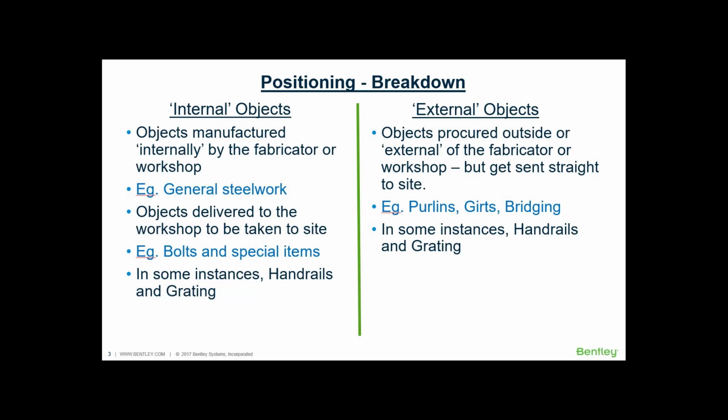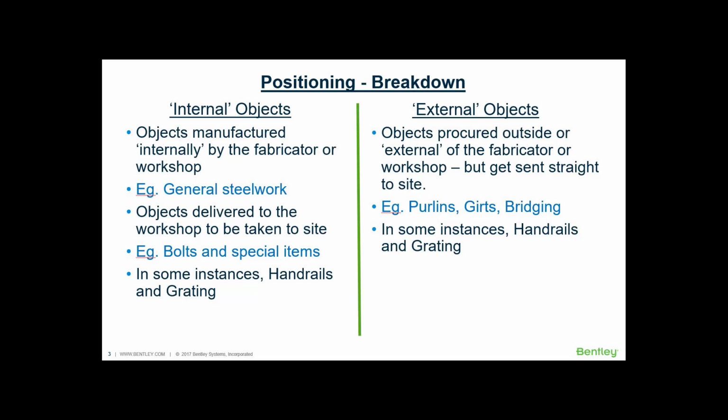The breakdown of steel positioning is, I break it into internal objects or external objects. Internal objects are the objects that are manufactured internally by the fabricator or the workshop, the steel work generally. Also objects that are delivered to the workshop and then taken to site, which would be your special items like your turnbuckles and bits and pieces, as well as your bolts, generally come to site and sit on a pallet until they're ready to go to site.